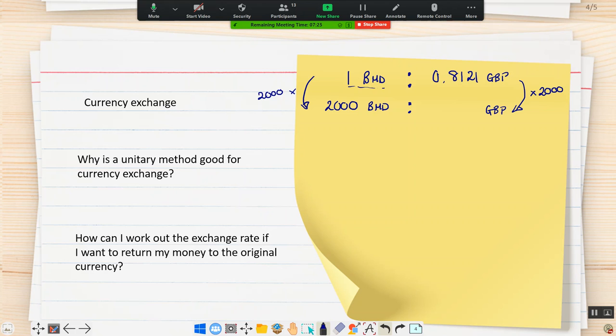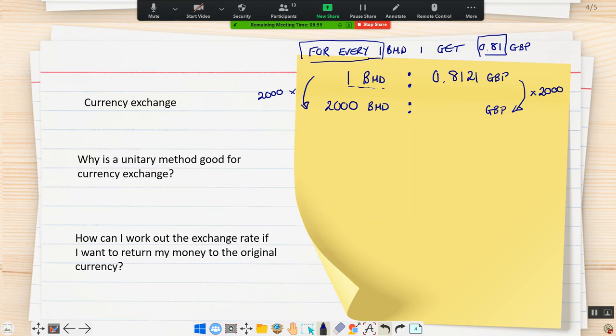Do you remember we used a special couple of words when we started with ratio? Ratio is a good way to think about it. It's for every $1 Bermudian, I get 0.81 British pounds. So for every $1, I get that many pounds.